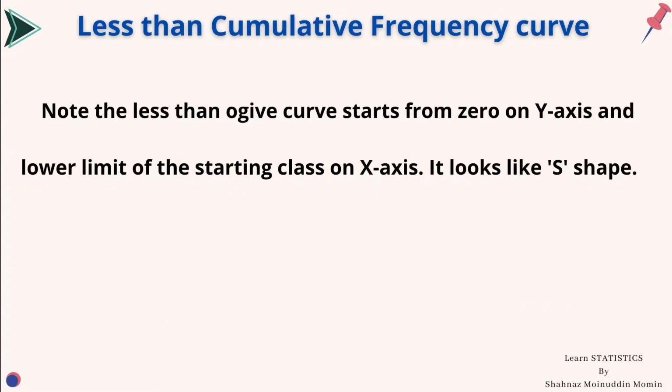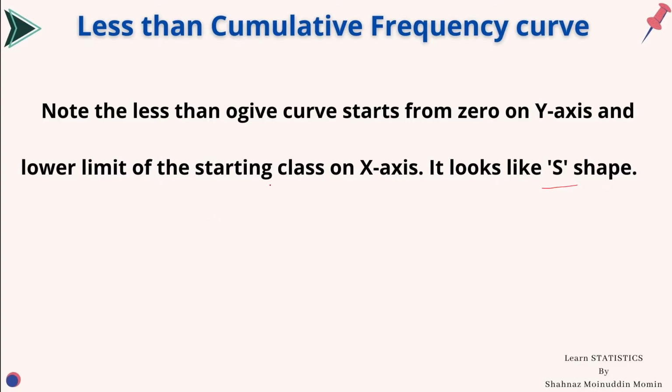Note that the less than Ogive curve starts from 0 on the y-axis and the lower limit of the starting class on the x-axis. After joining the points by a smooth curve, the less than cumulative frequency curve looks like an S shape, like the alphabet S.